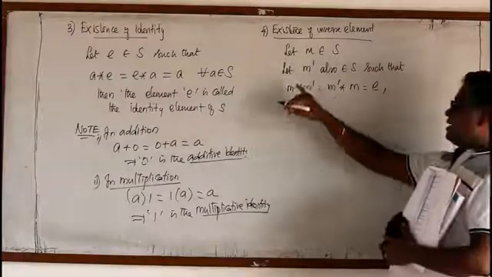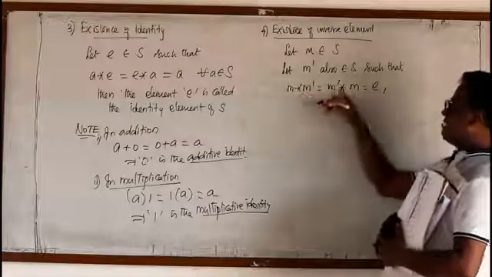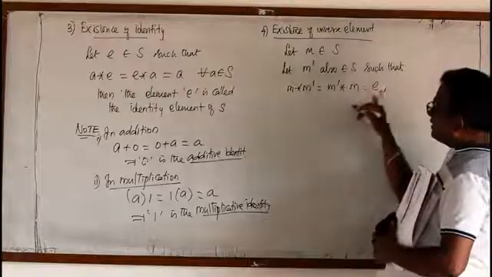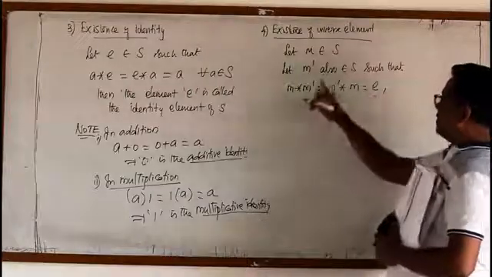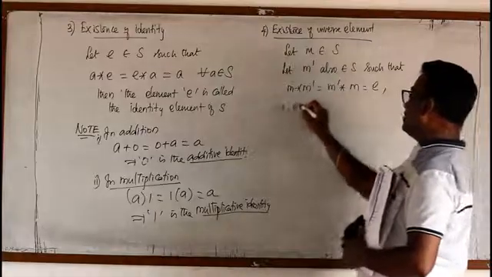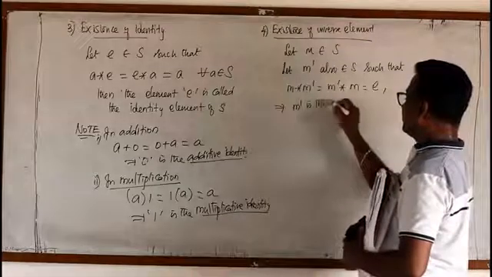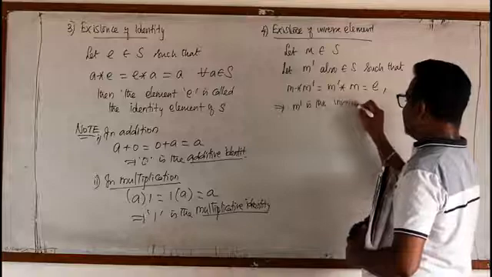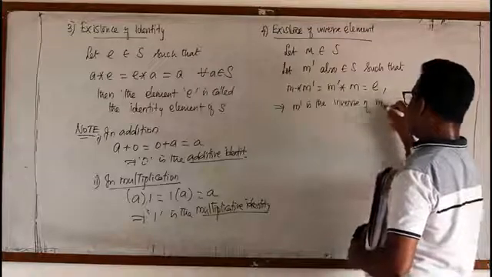If I operate M with M dash or M dash with M and I get the identity as the answer, then M dash is the inverse of M. This implies M dash is the inverse of the element M.